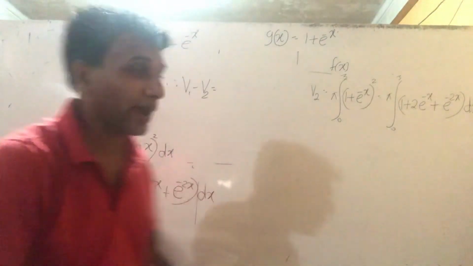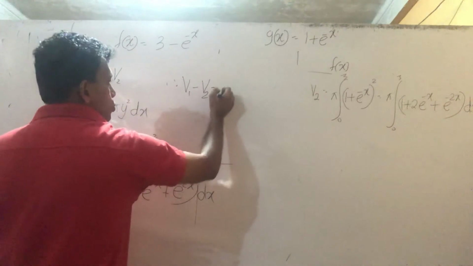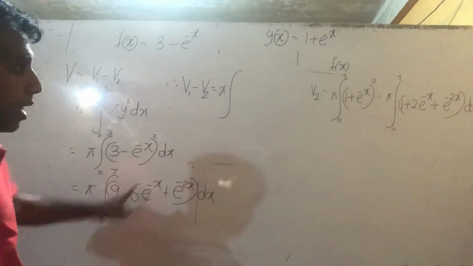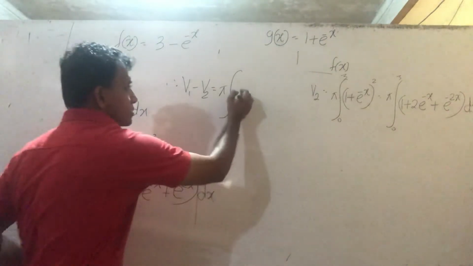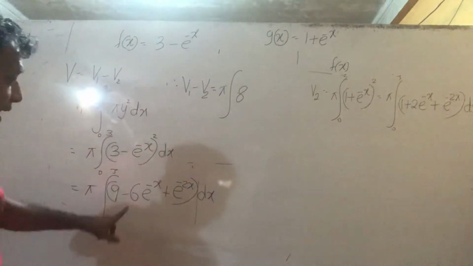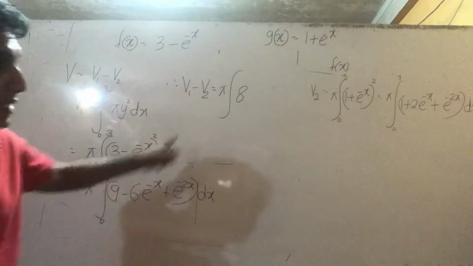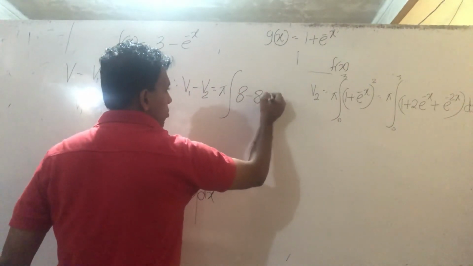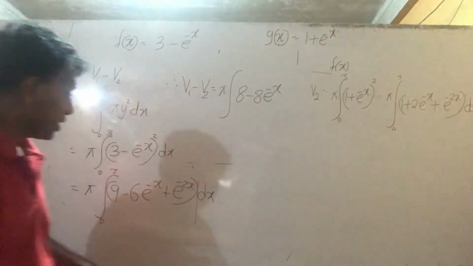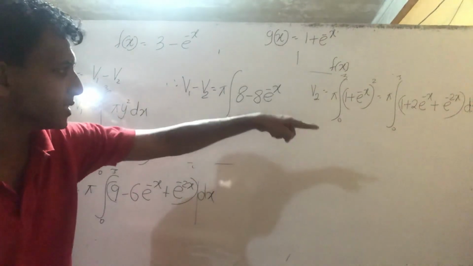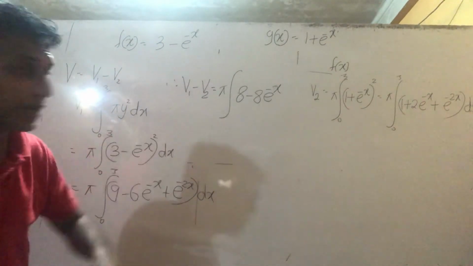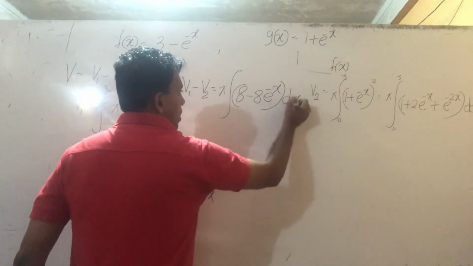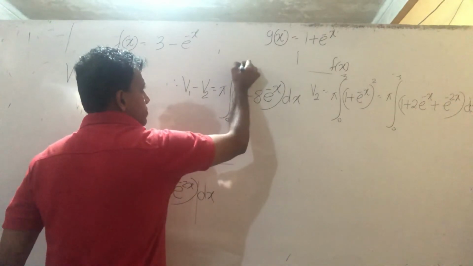Pi into: subtract here, 9 minus 1, 8. And here minus 6 subtract minus 2 gives minus 8 e to the power minus x. And here the e to the power minus 2x terms cancel. Only that, into dx, boundary 0 to 3.